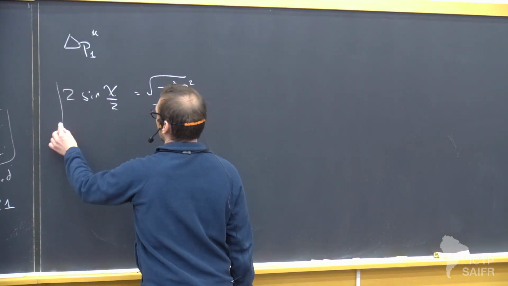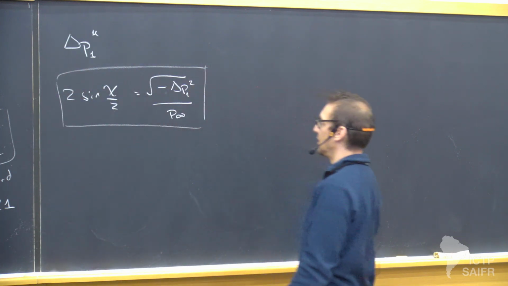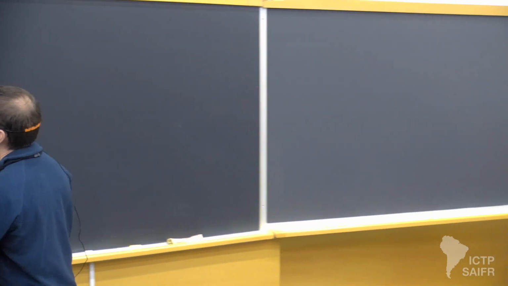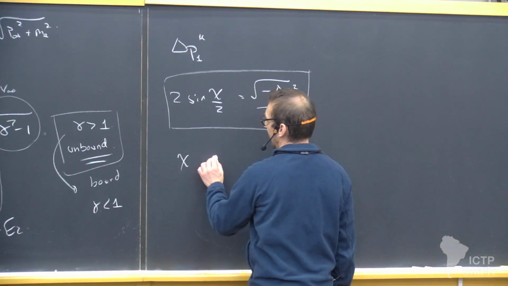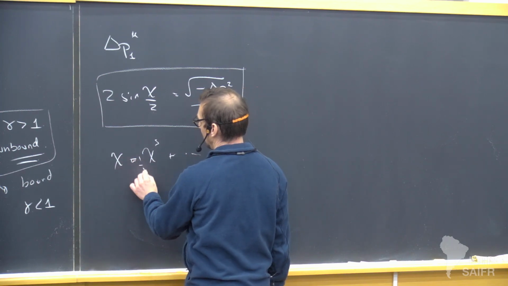There are other ways to do this, but for historical reasons, we did it this way. But what I mean here is that you have a chi, and then you have a chi3, and a dot. This is minus a third, I think.